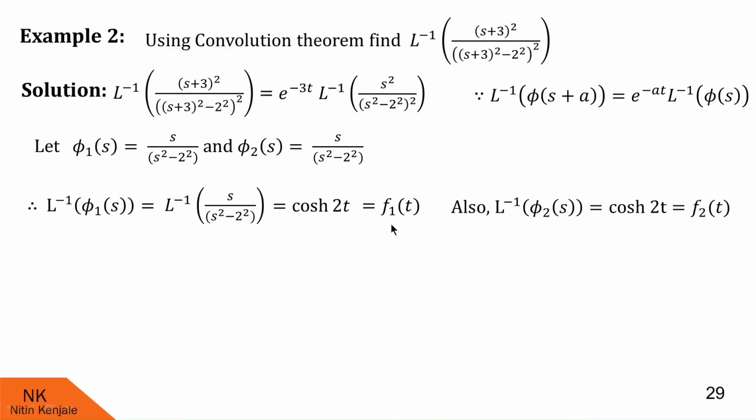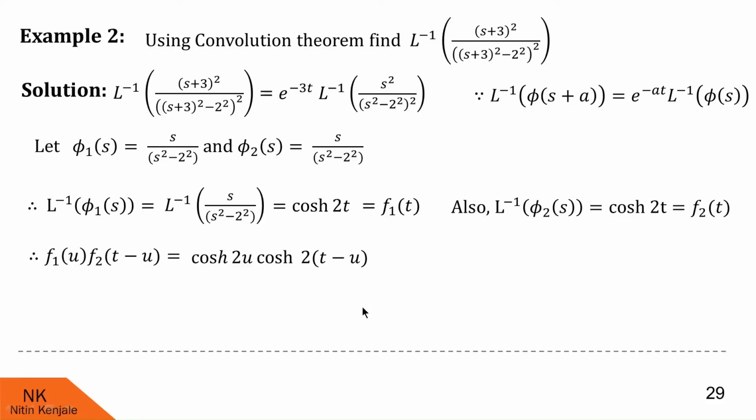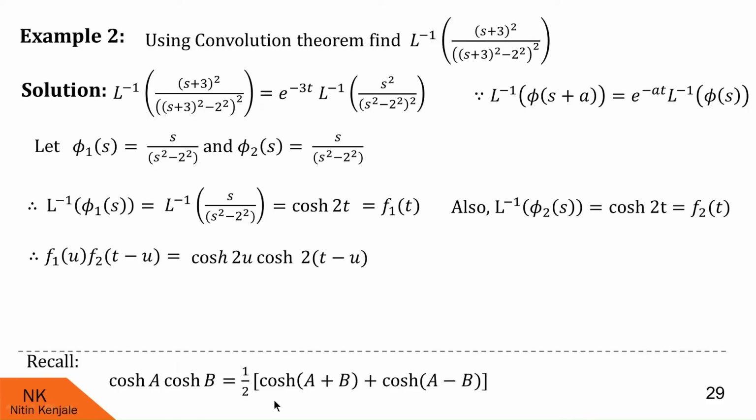Next step is to find the product of f1 of u into f2 of t minus u. So f1 of u will be cos h 2u and f2 of t minus u will be cos h 2(t minus u) in this way. Now once again, this is like cos h a into cos h b. According to trigonometric identities, cos h a into cos h b is equal to half of cos h (a plus b) plus cos h (a minus b), where in this case a is 2u and b is 2 times (t minus u).